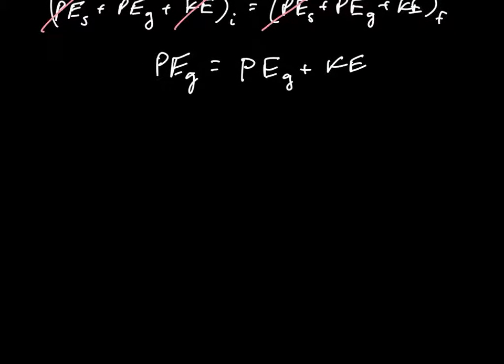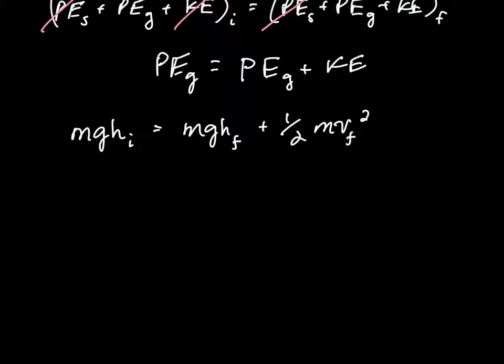So working with this equation, we can write this out and we can say that mgh initial is equal to mgh final plus 1/2 m v final squared. Now, I know a lot of you saw this in the homework problems and it kind of threw you for a loop, but all of these masses can just cancel out.